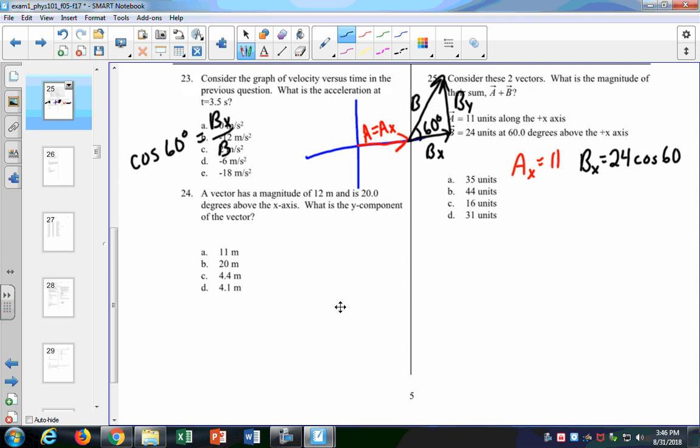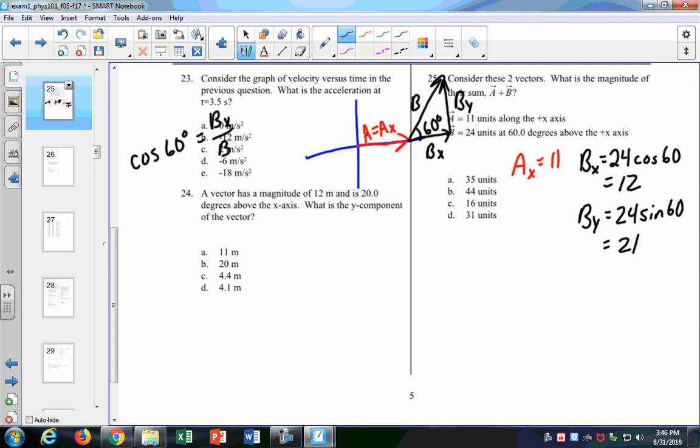I know this is fast, and I know it's all new. It's sort of new. We've done the trig, like we've done all the mechanics of this, but the way we're presenting it is a little bit different. So anyway, BX is 24 cosine 60. That's equal to 12. And then BY, in a similar way, is 24 sine of 60. Let's see, what is that? 21. That's equal to 21.